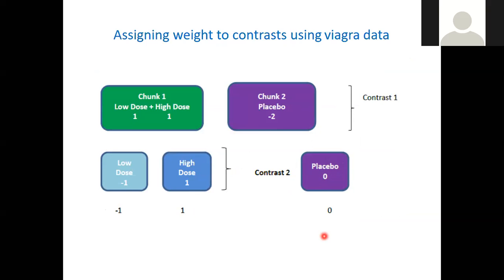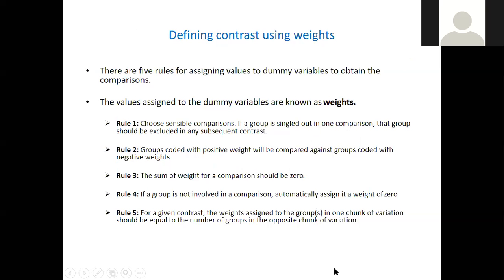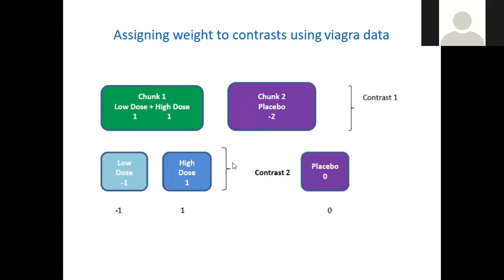Now, the last one. For a given contrast, the weight assigned to a group should be equal to the number of groups in the opposition. What this is saying is the way you assign the weights. Look at it. Let's start with this. You assign 2 to placebo, because there are 2 groups opposite facing it.